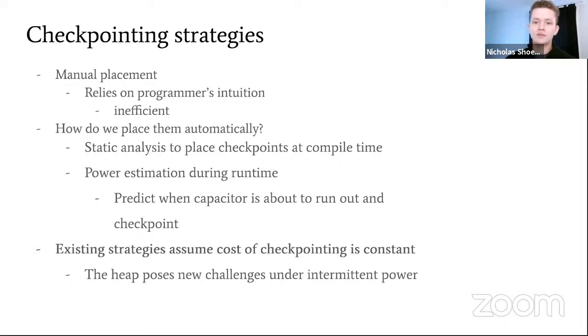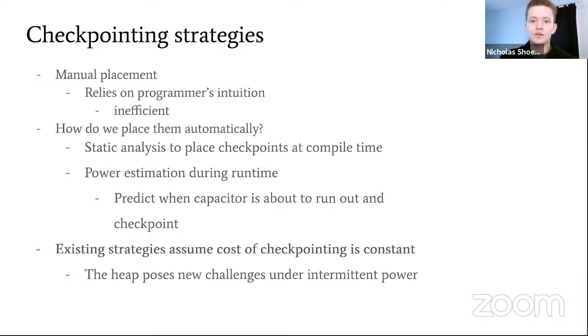This cost of checkpointing actually depends on what the memory usage is at the time of the checkpoint, because the checkpoint has to move all of our memory into non-volatile memory. So if there's more memory to checkpoint, the checkpoint will cost more. And that means that when we have dynamic memory allocation, the cost of our checkpoint is fluctuating as well. So we can't just assume that the cost of checkpointing is constant.